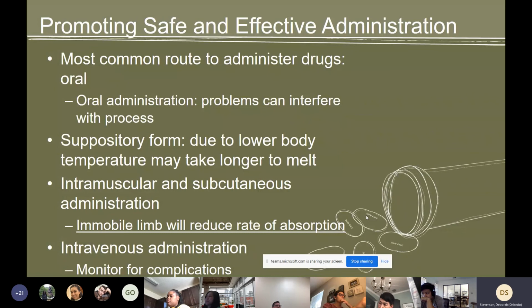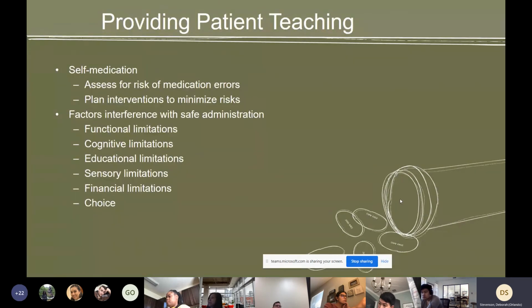If you're giving an injection in an arm, and that arm can't move, the absorption is going to be much slower. So keep that in mind as you are determining where you're going to give your injections. And of course, IV, you already well know that overload is the issue for our patients with IVs, and we just have to watch that with our patients.